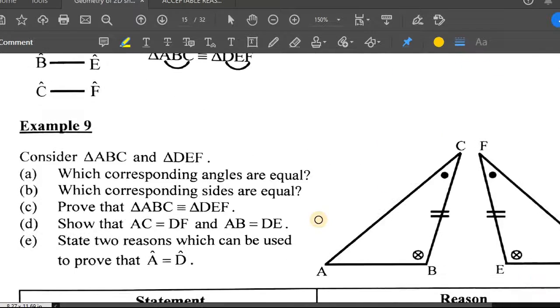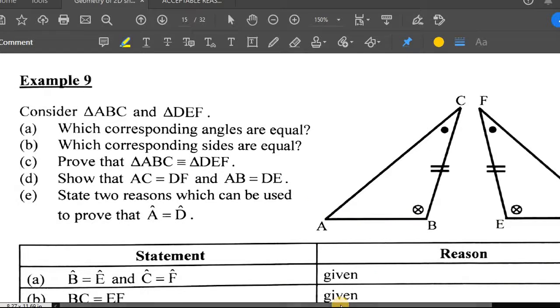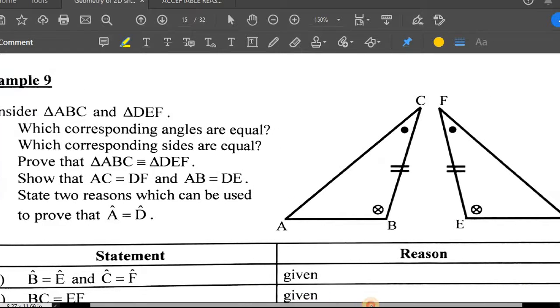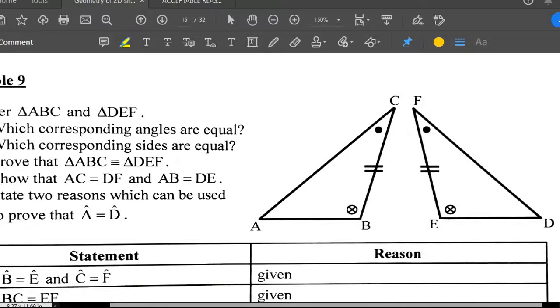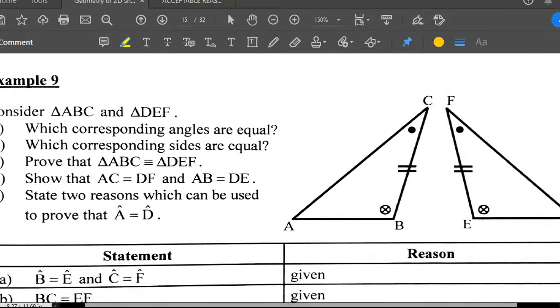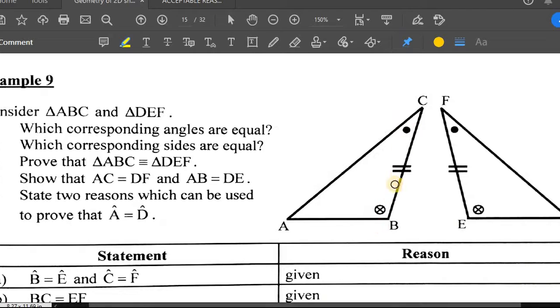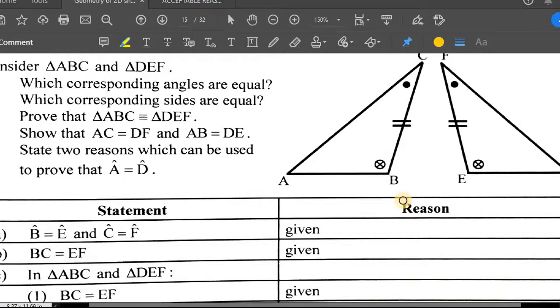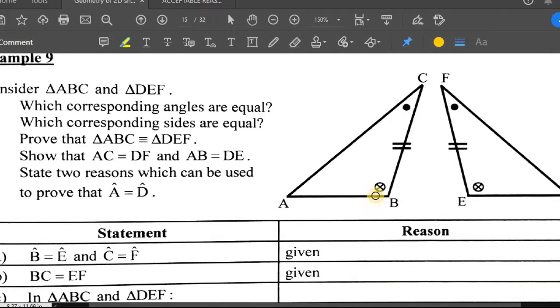So let's go to example 9. I think I can definitely speed up here. Here we can see we got two angles and we got a side, right? So we can have a side, angle in a specific case. We can see that C is equal to F, B is equal to E, and CB is equal to FE.